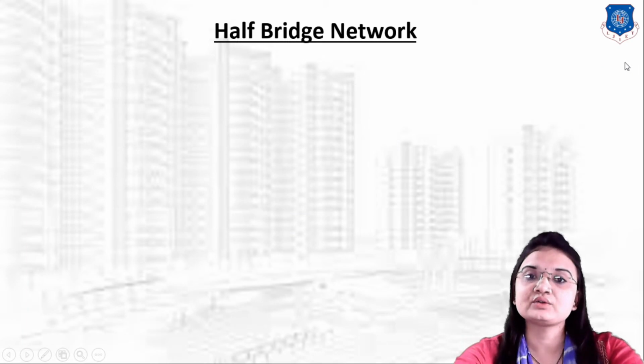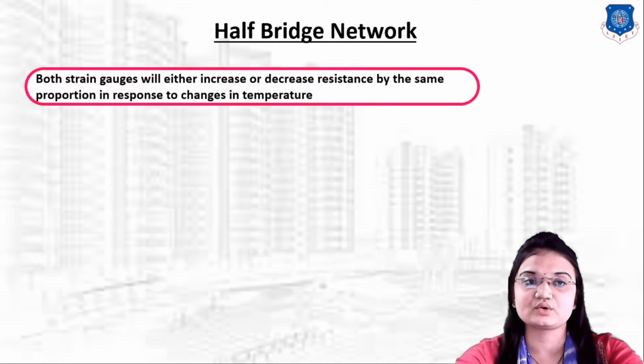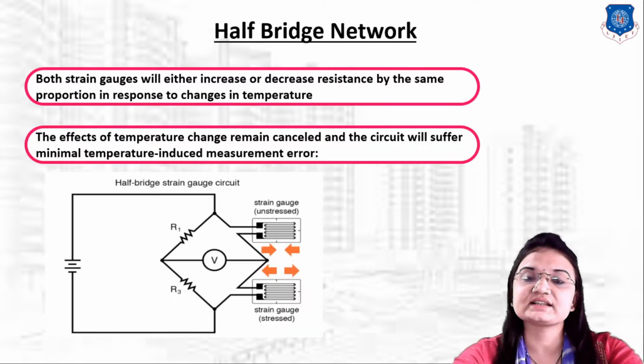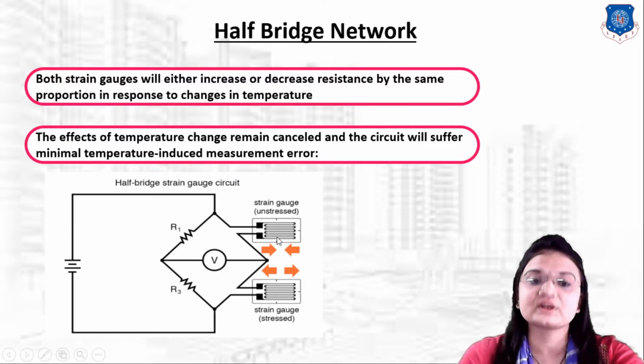Now the next network, that is the half bridge network. In this half bridge network, we can use two strain gauges in one bridge network. You can clearly see in this figure, here we are using two strain gauges.